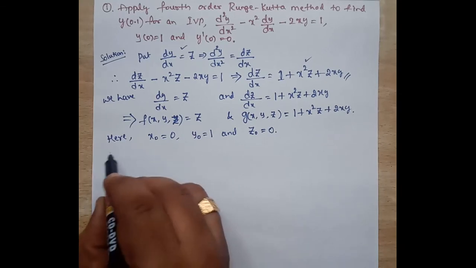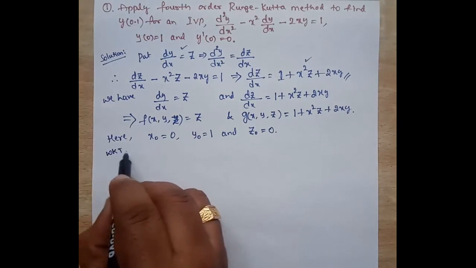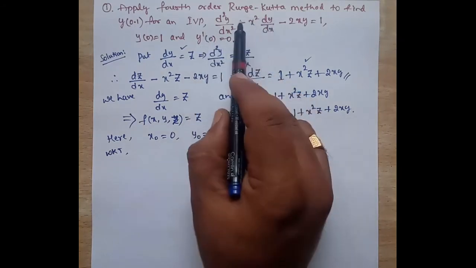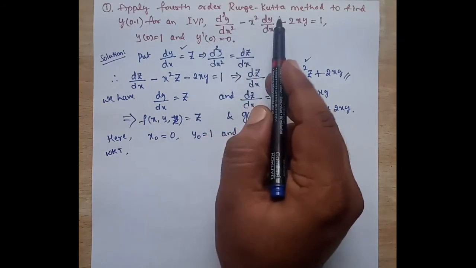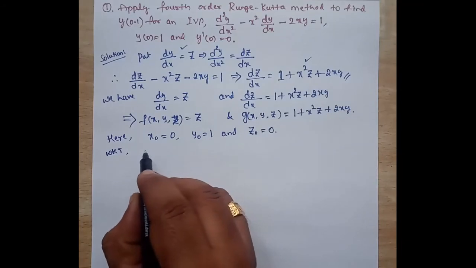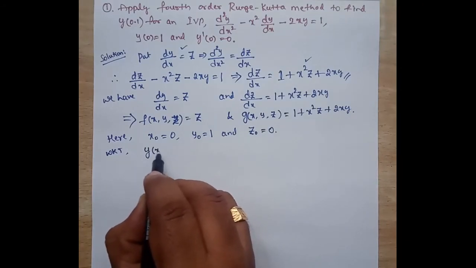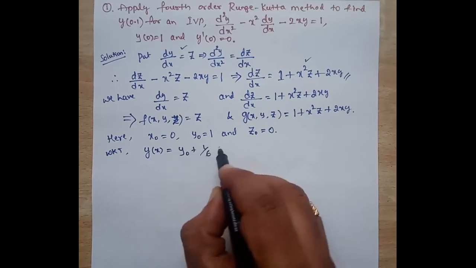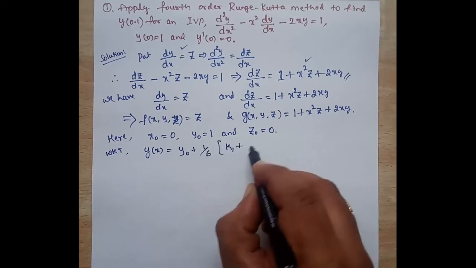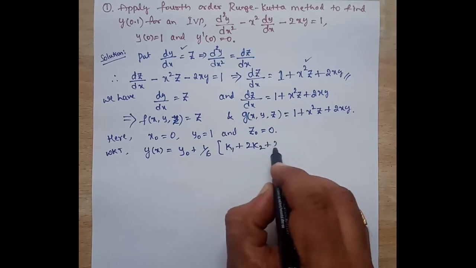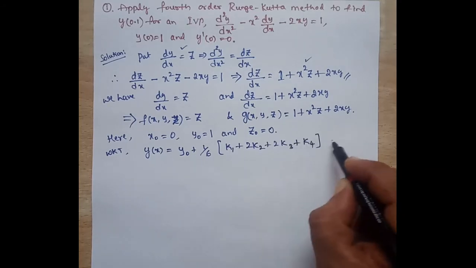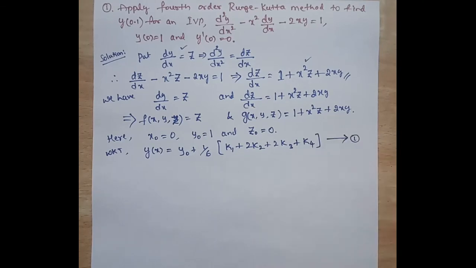Now we know that the approximate solution of a given IVP in case of fourth order Runge-Kutta method can be calculated by a formula y of x is equal to y naught plus 1 by 6 into k1 plus 2k2 plus 2k3 plus k4. So let us call it equation 1.